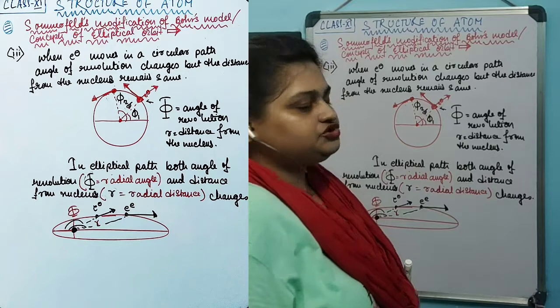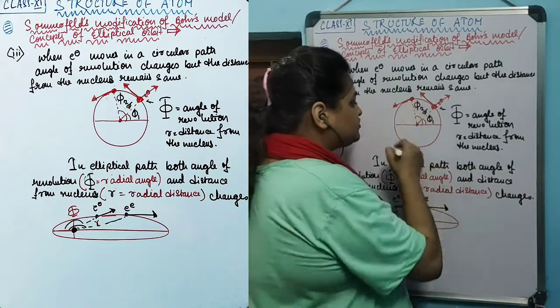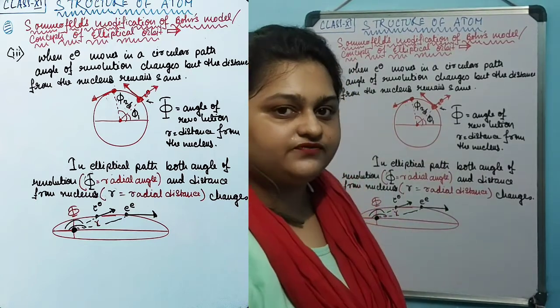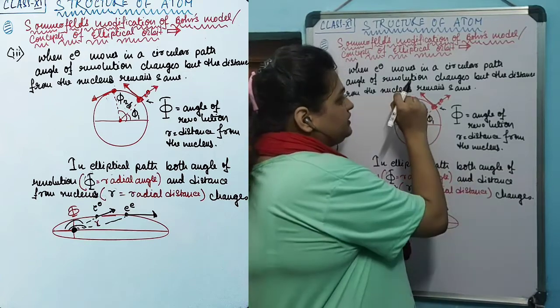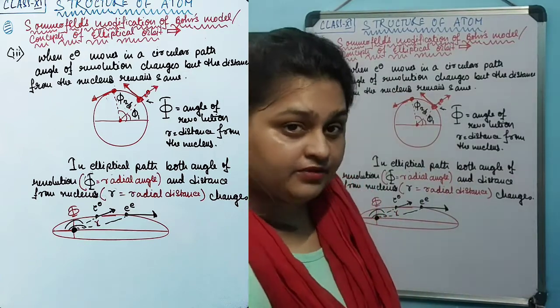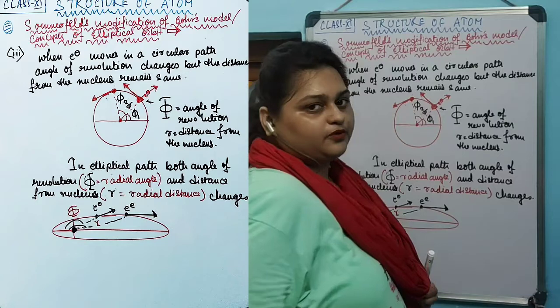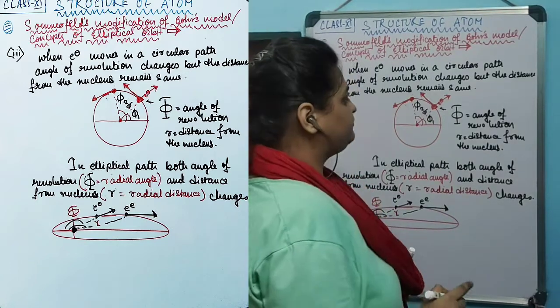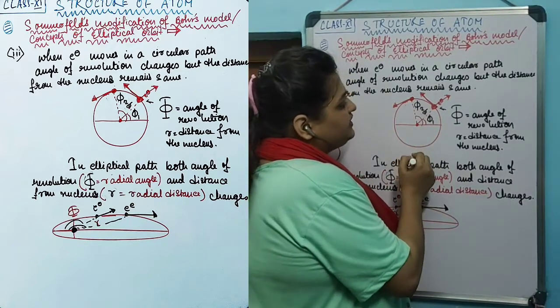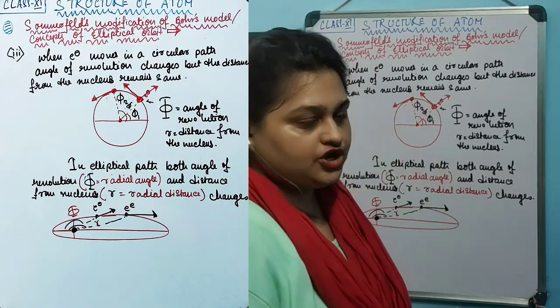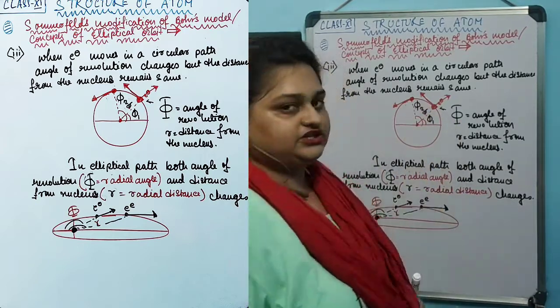Evidently from this picture you can see that as this is a circular path, the distance of the electron from the nucleus remains the same at this position and this position, but the angle of revolution, the radial angle phi, has changed from this position to this position.